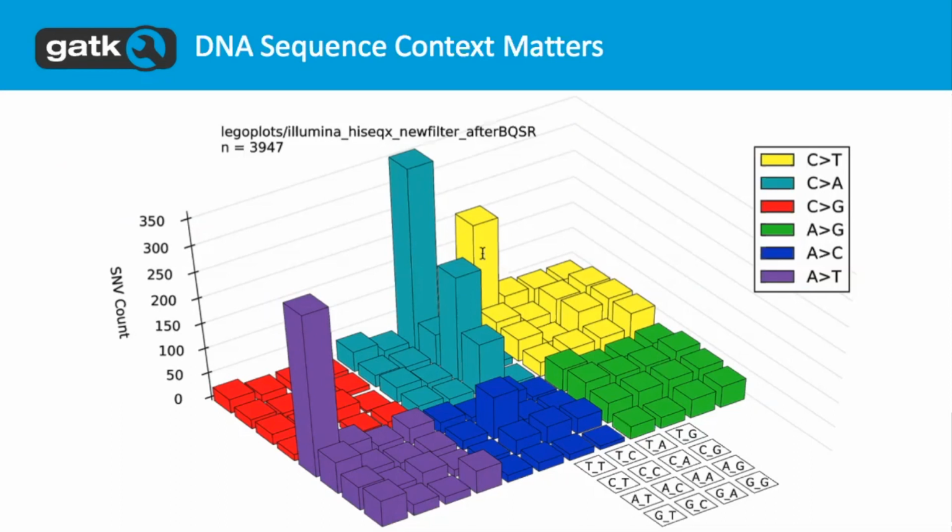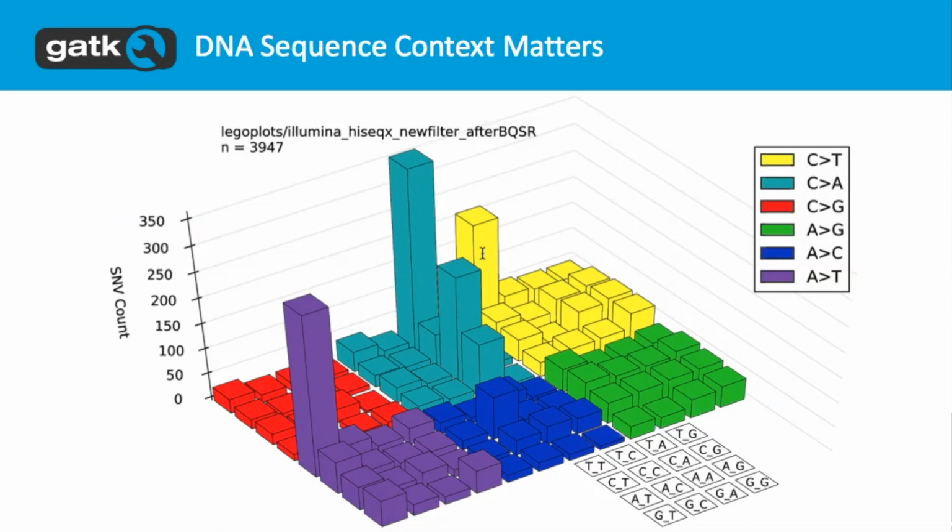So the point here is that the sequence context matters in terms of how we call SNPs. And this could be due to actual biological reasons for why SNPs occur more with this context, or this could also be due to the fact that it's harder to call or harder to sequence things with this particular context.